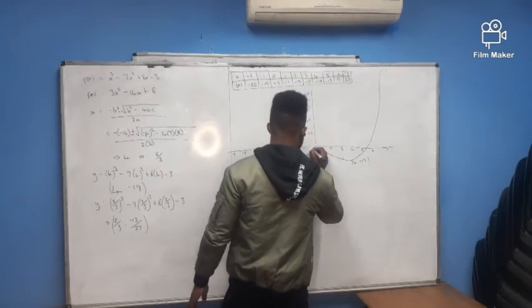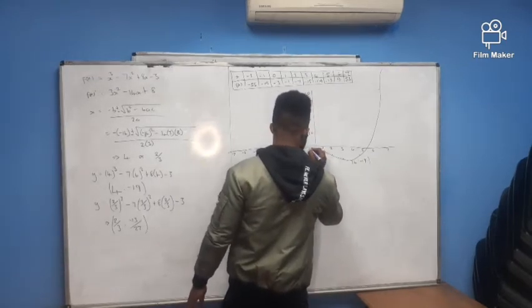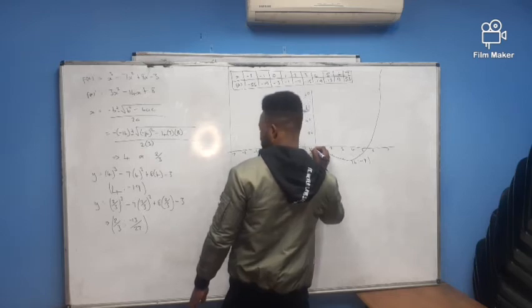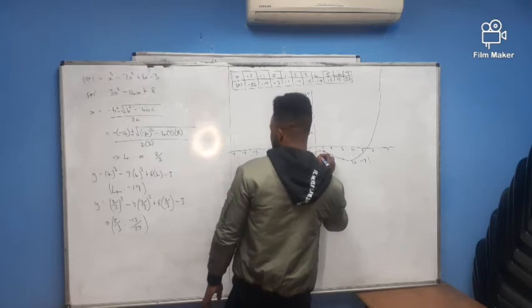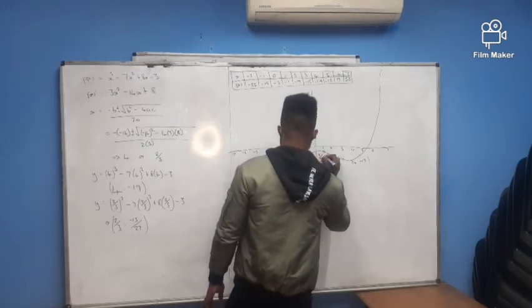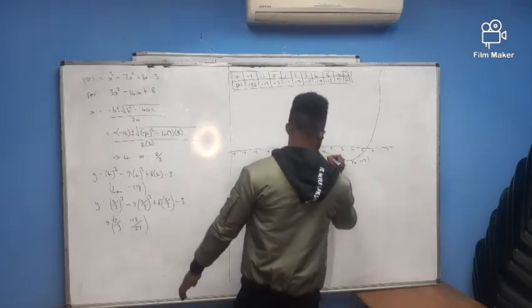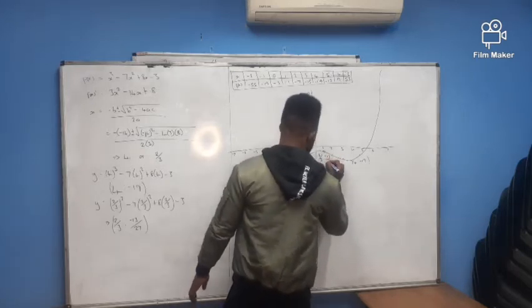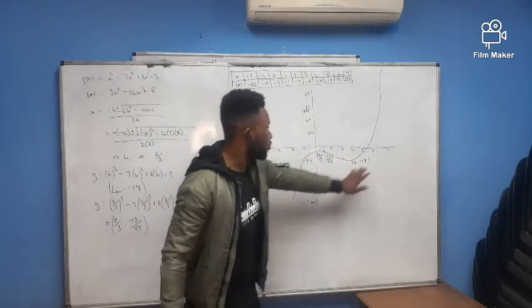And I also have my other turning point, which is 2 over 3, and then negative 13 divided by 27. So I have my two turning points, which is this one and also this one.